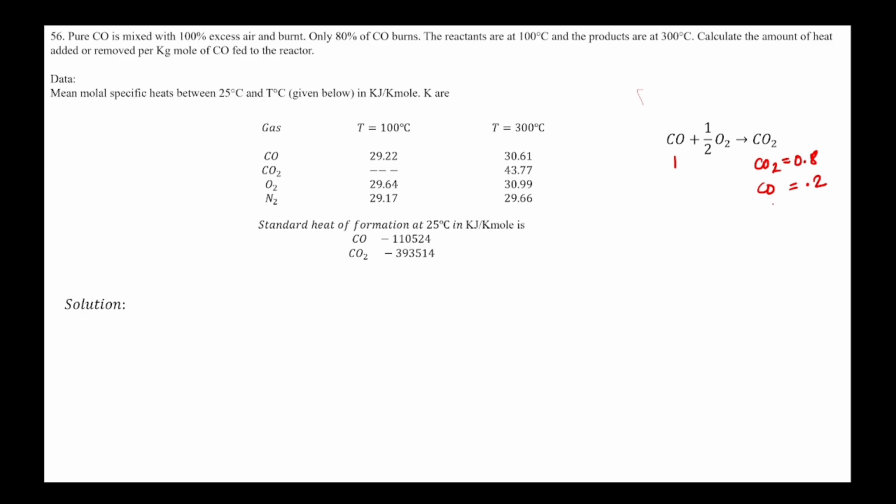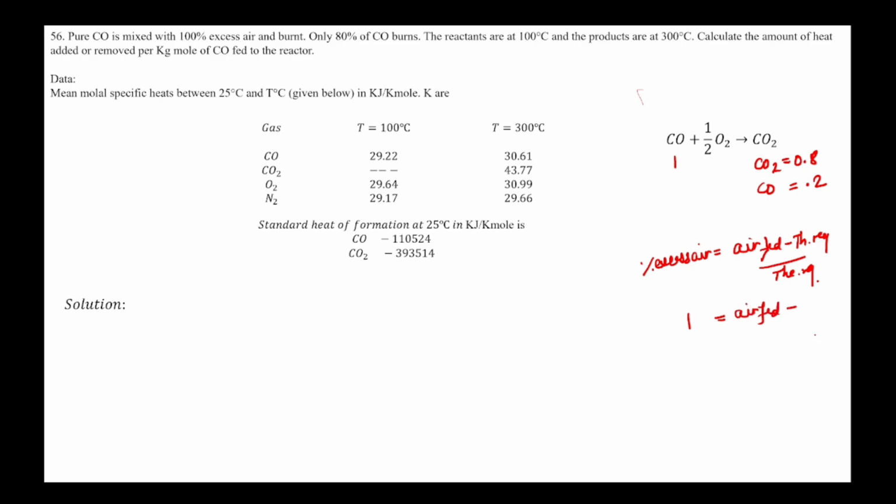For 100% excess air, percentage excess air is air fed minus theoretically required, divided by theoretically required, and excess is 1.